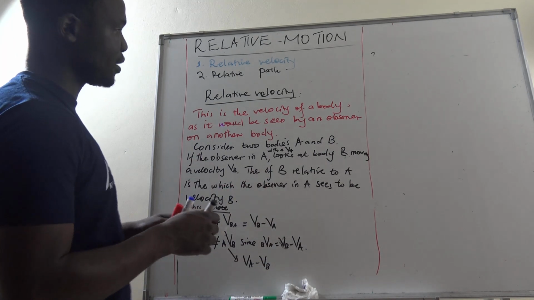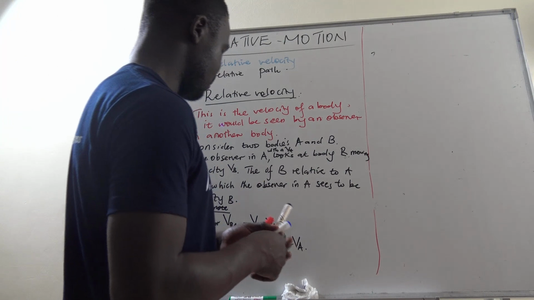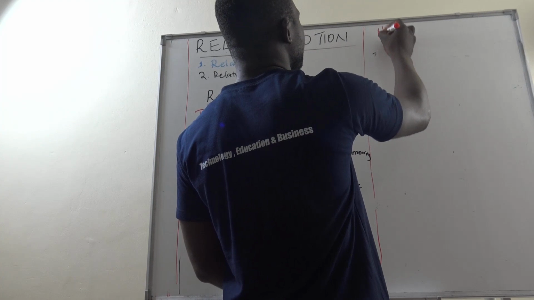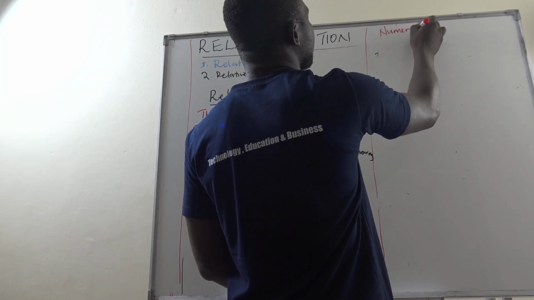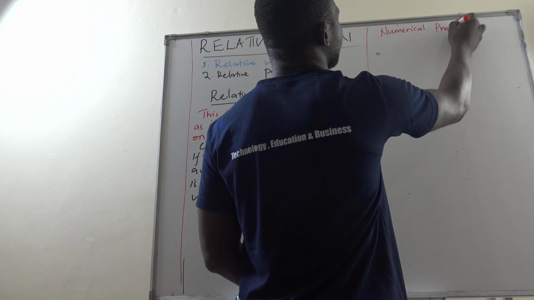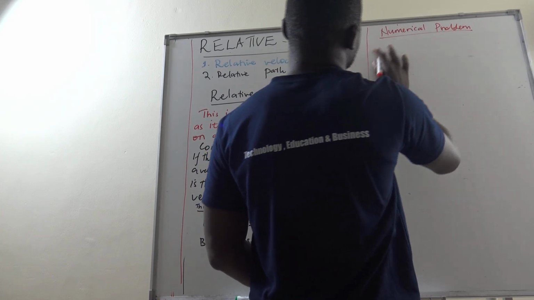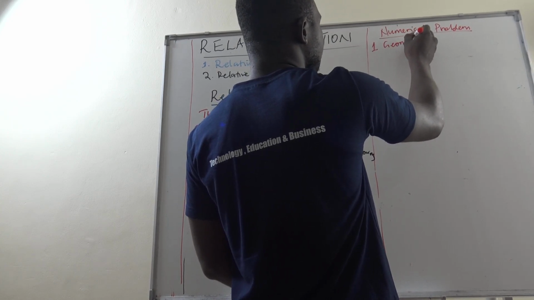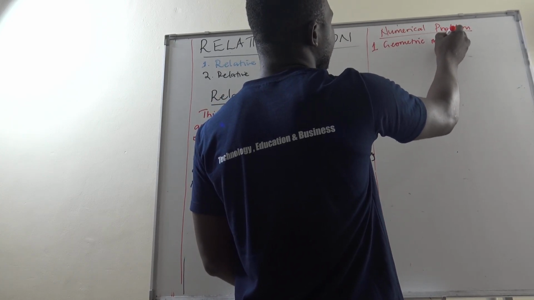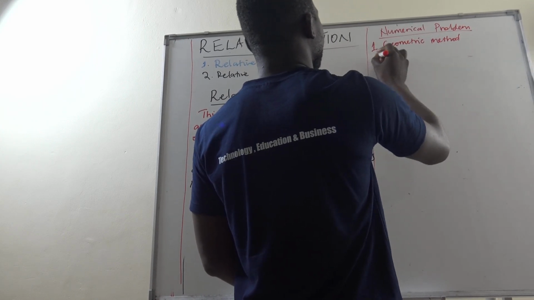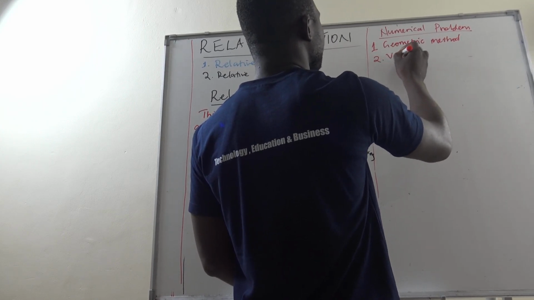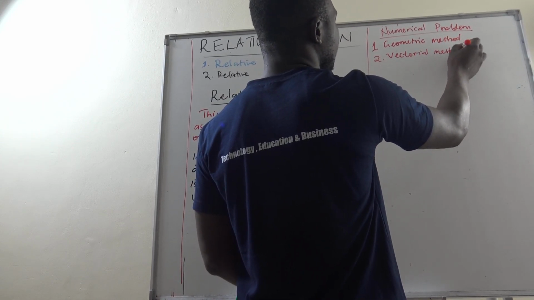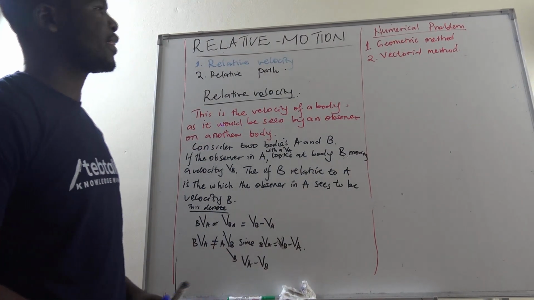Now, when we shall be looking at the numerical problems under here, we are going to use two methods. One is the geometric method, and two, we shall use the vector calculus, or we can call it the vectorial method.